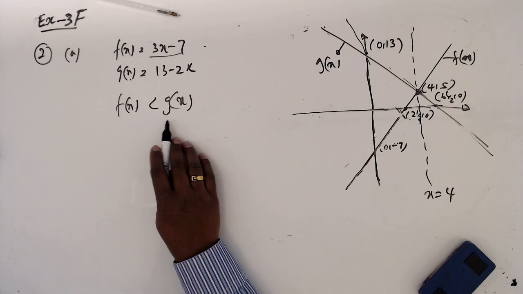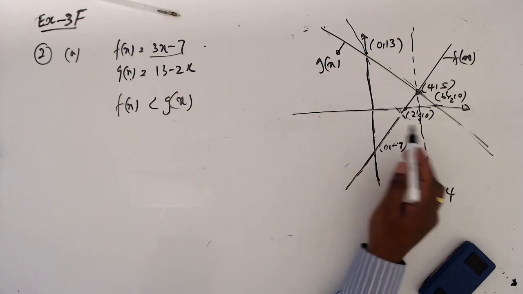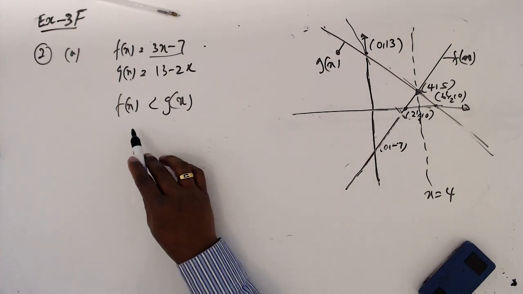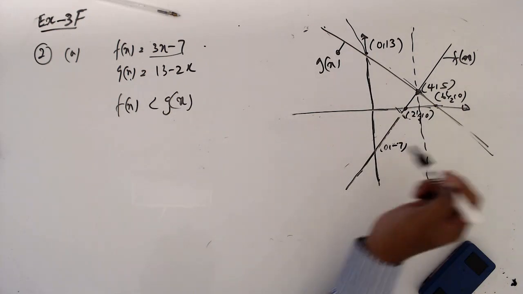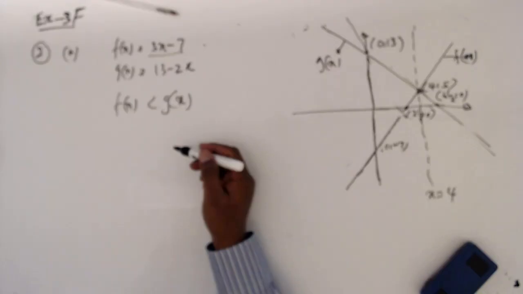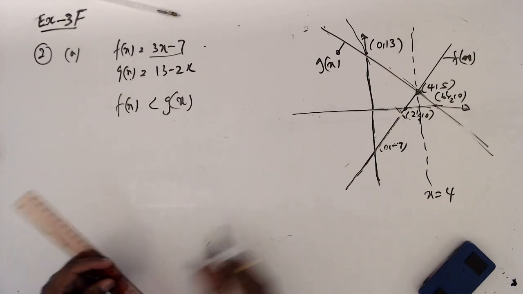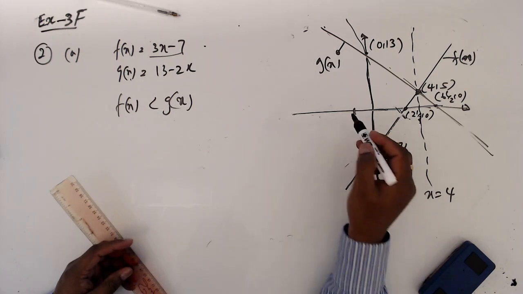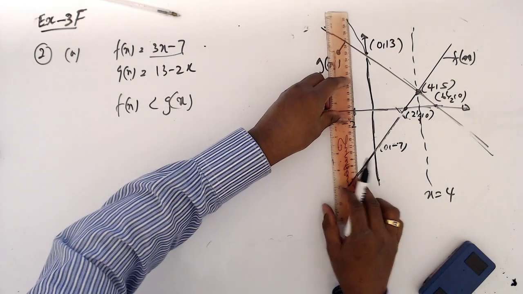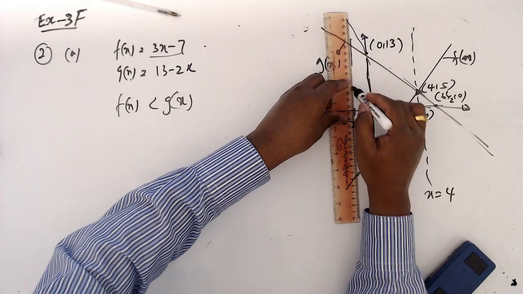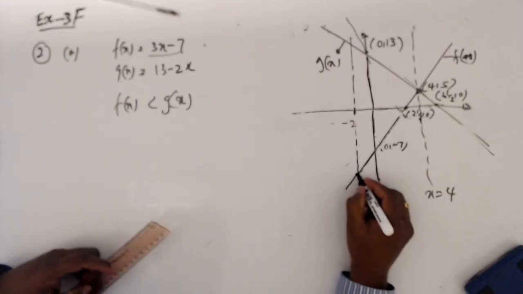Now we need to find in this graph the interval in which f(x) is less than g(x). So we can look at a random point, x equal to minus 2. I'll draw a point, I'll draw the line, then I'll consider this point.